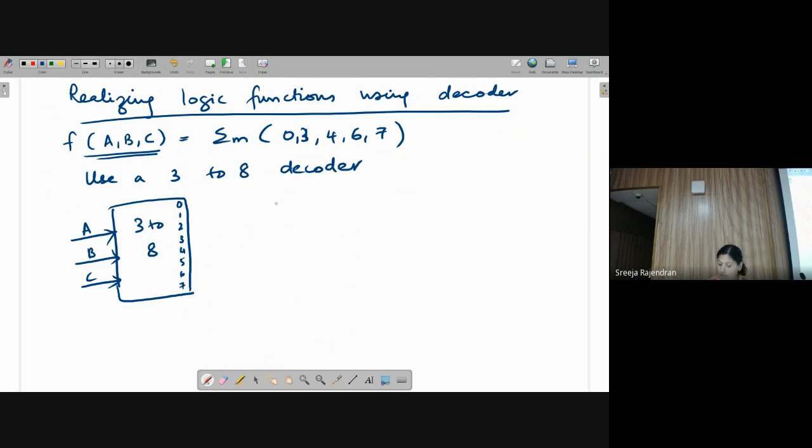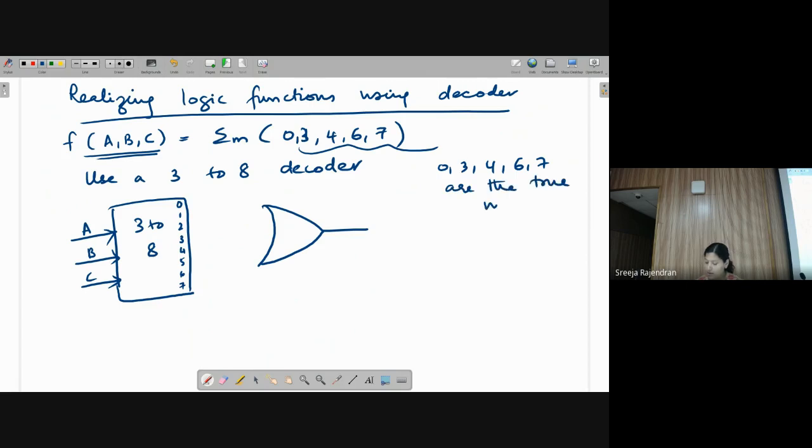So now I can use a decoder followed by an OR gate. Why an OR gate? Because the function is going to have a value 1 in any of these minterms. 0, 3, 4, 6, and 7 are the true minterms. So if any of these terms are true, my output will be 1. So I can use an OR gate to combine the outputs.